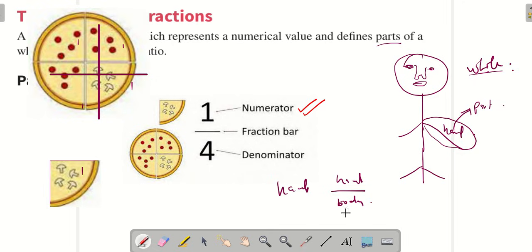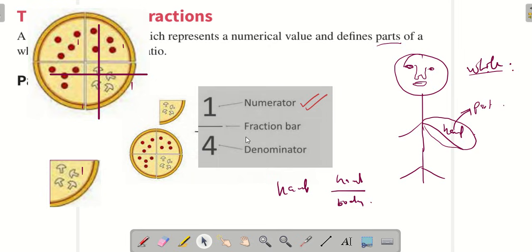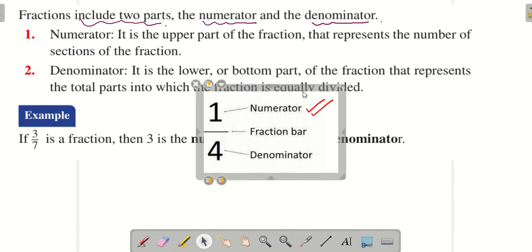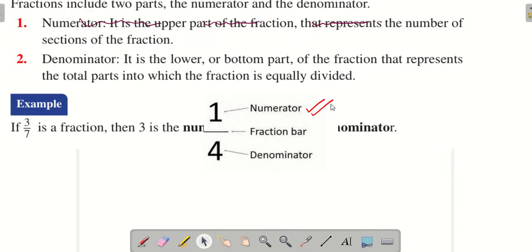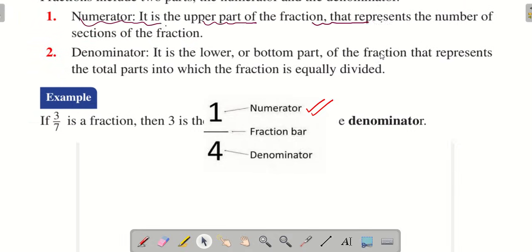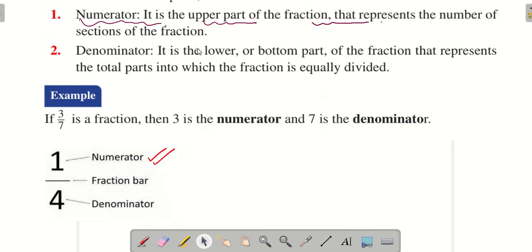So for example, when I take this back to the next page, we can all see that, okay, let's take this here. We are saying that this is what we call the upper part of the fraction, and the technical name is the numerator.